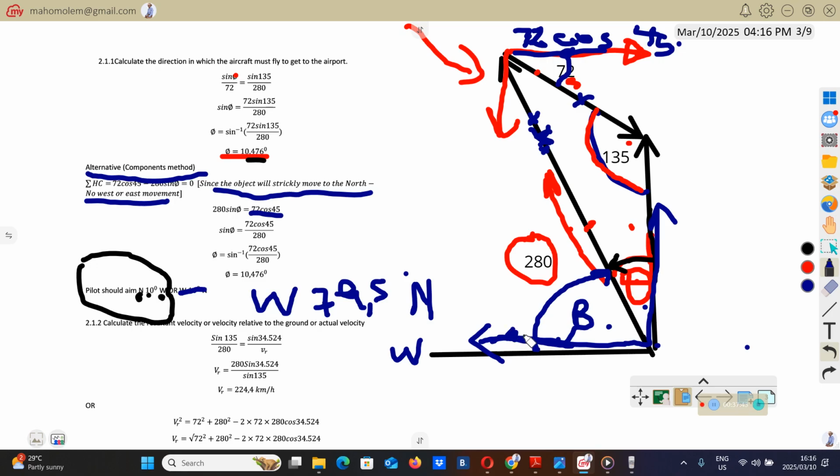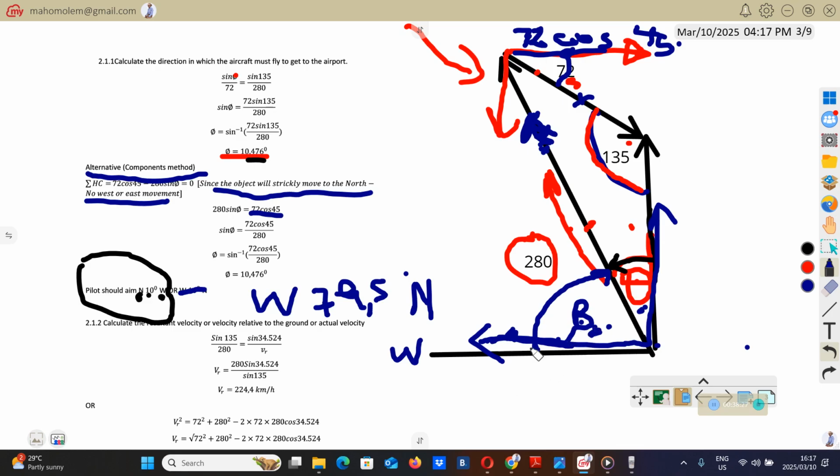For this component here, remember at this stage we don't know the angle or the direction. We just know the general direction: if you want to move to the north, you must take this direction, but we don't know at what angle. So these angles B and theta, we don't know them at this stage. I can see from my solution I've used theta, but let me use both of them, it doesn't really matter.